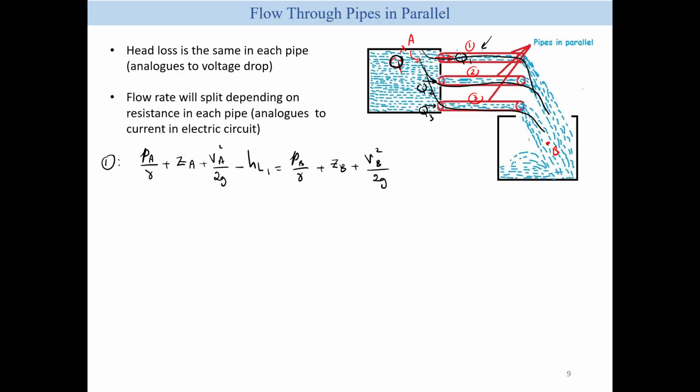If we consider now the same, but this time going through pipe number 2, the initial conditions at A are still the same. What would change is the head loss through the pipe, so it's minus head loss 2, equal to the same.